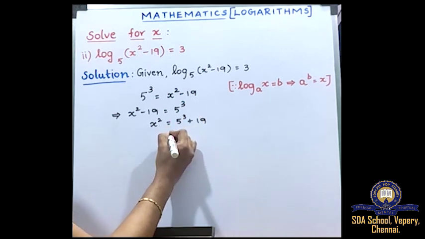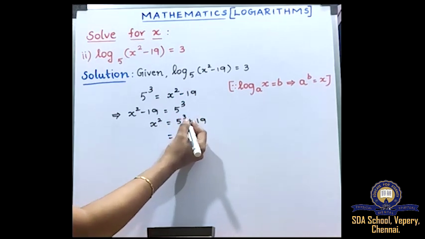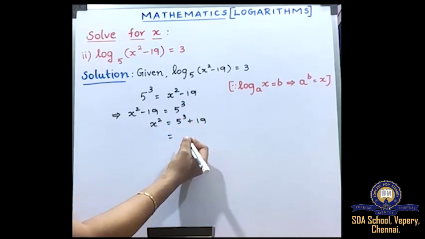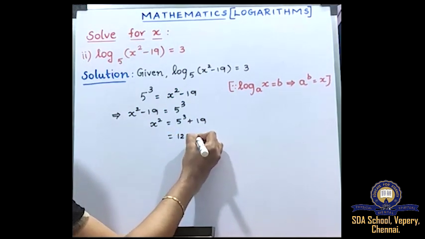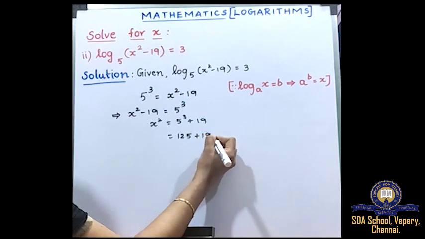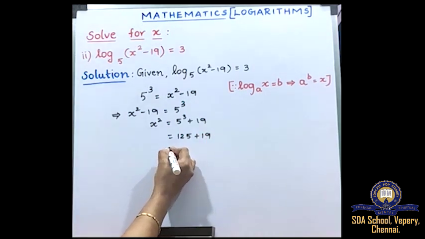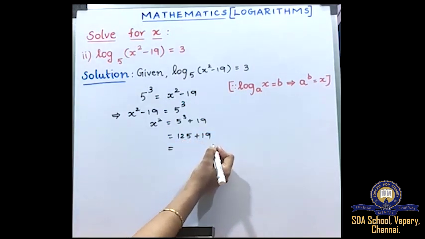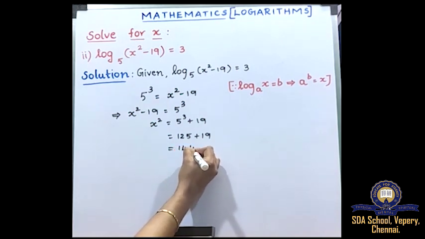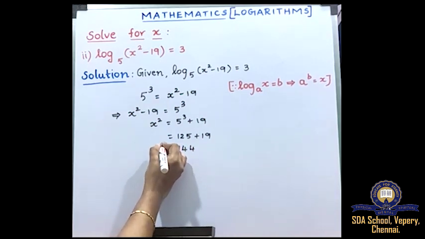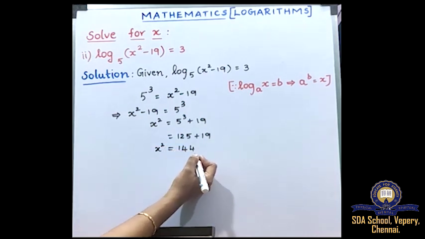Okay, now 5 power cube is 5 into 5 into 5 which is 125 plus 19. Okay, now if you add 125 and 19, the answer is 144. So we have found the x square answer to be 144.